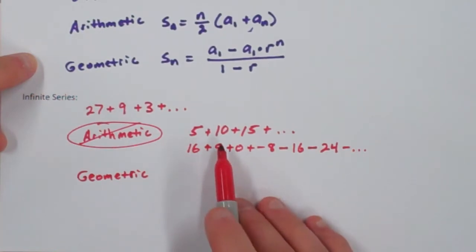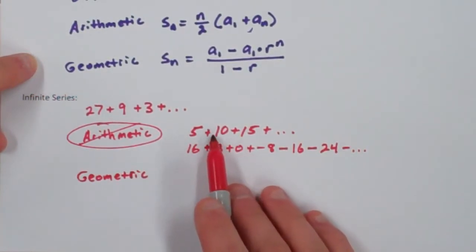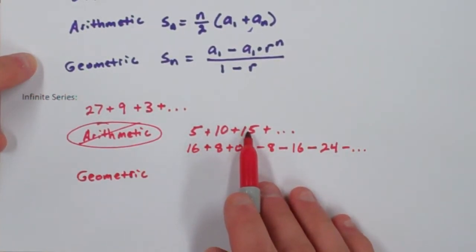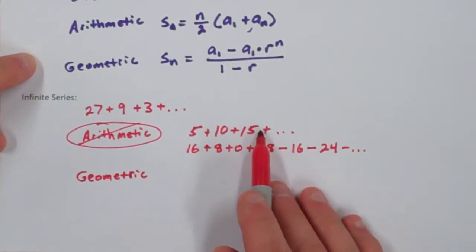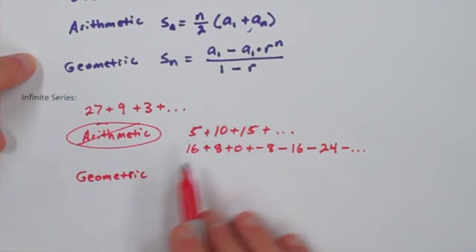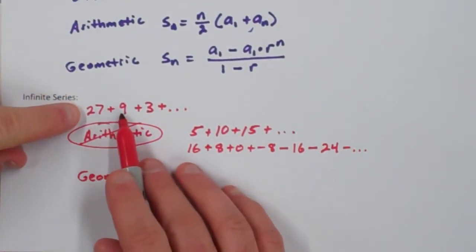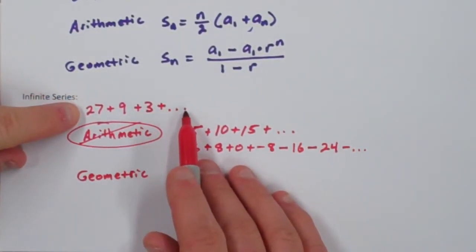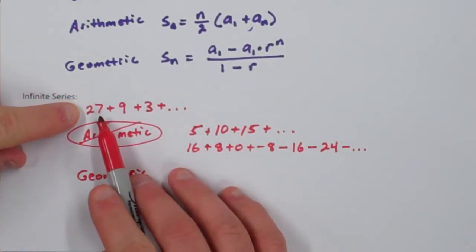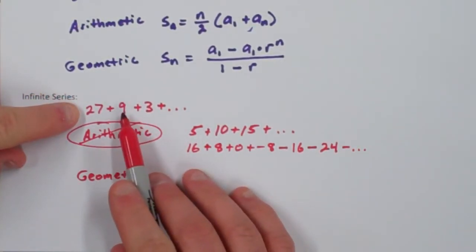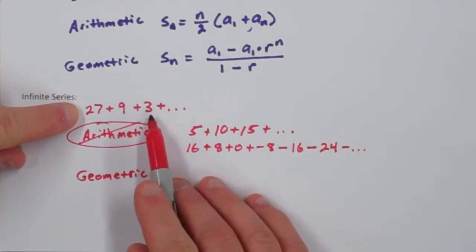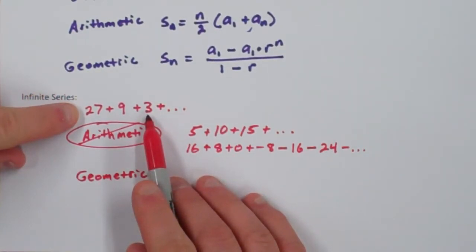If we look at the arithmetic, the problem with this is that in the top one, each successive term is bigger than the last one. So we need to have a situation for our geometric, just like this one up here, where each term is smaller than the last one. In other words, each one of these terms of the series looks like it gets closer to 0.